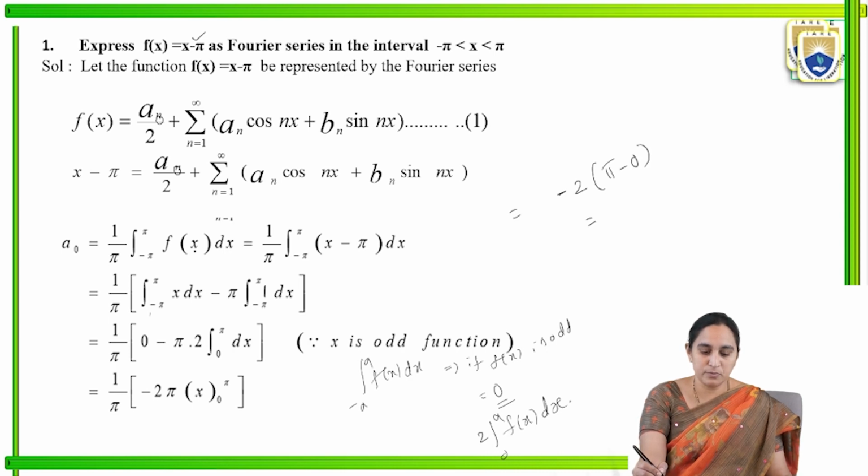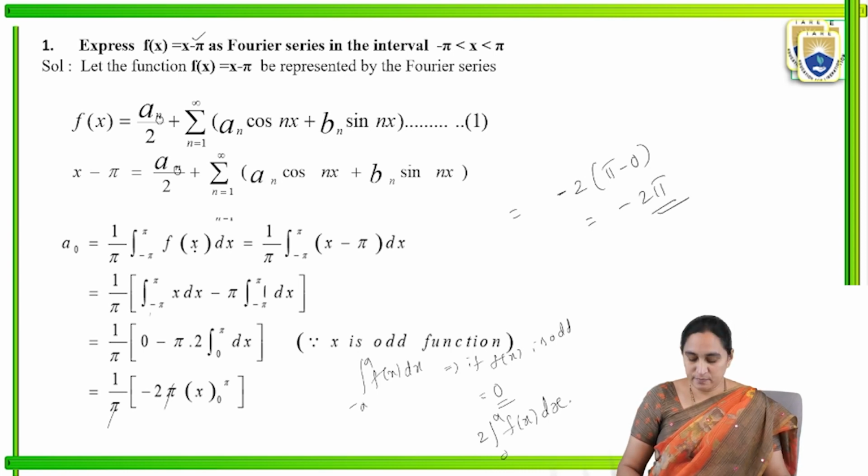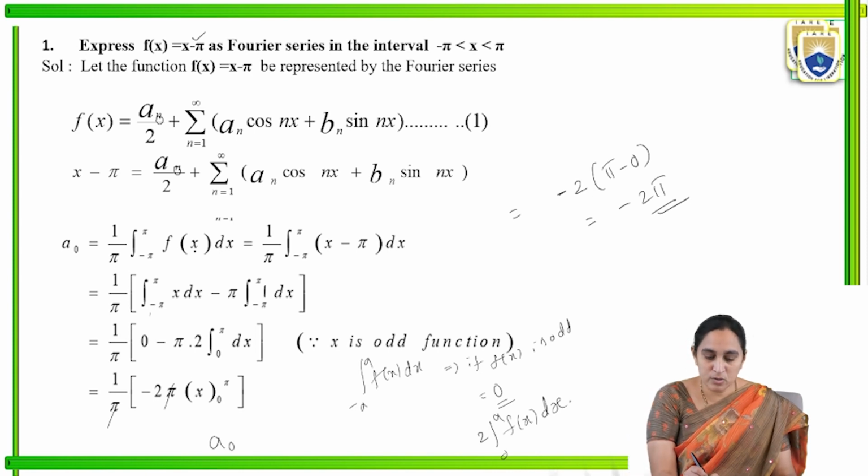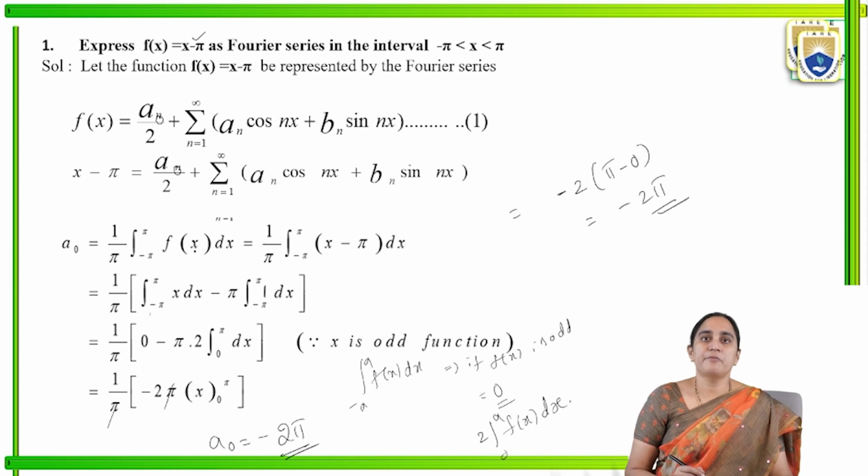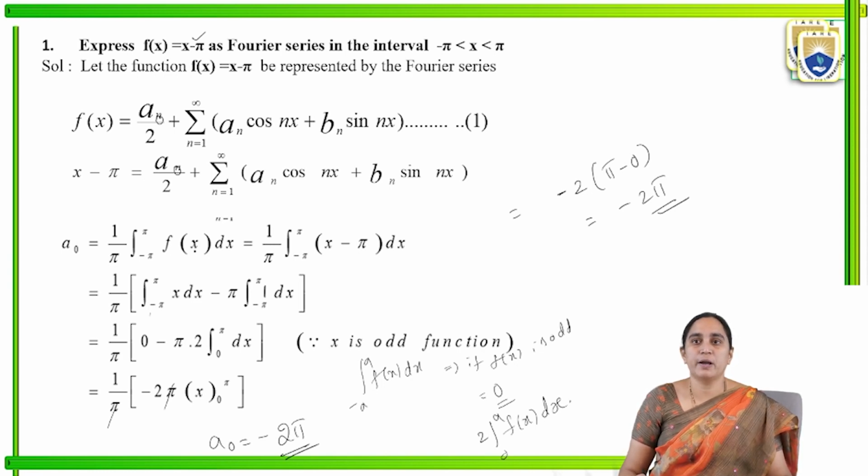There pi cancels, that is minus 2 pi. This is the a naught value, therefore a naught is equal to minus 2 pi. This is the first question, a naught value, that is minus 2 pi.